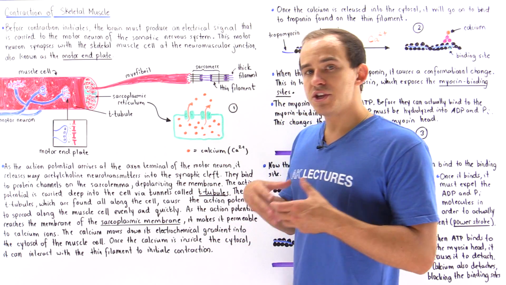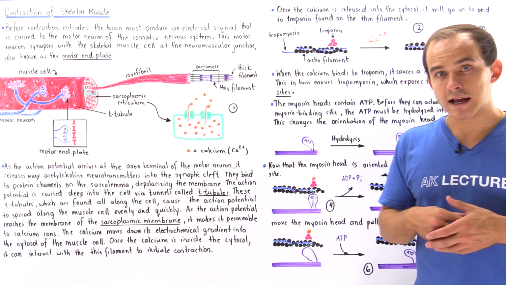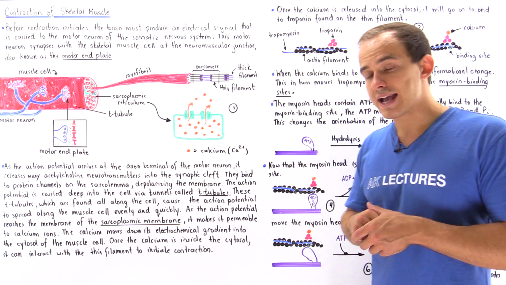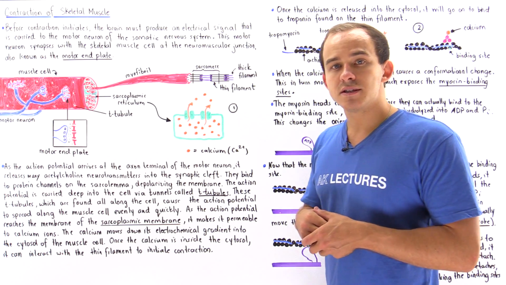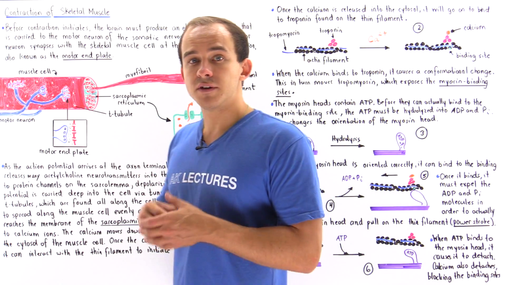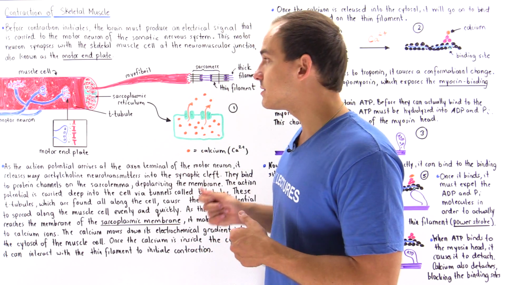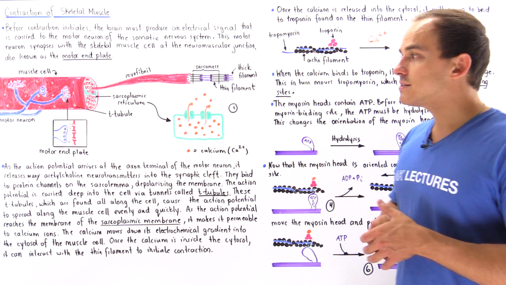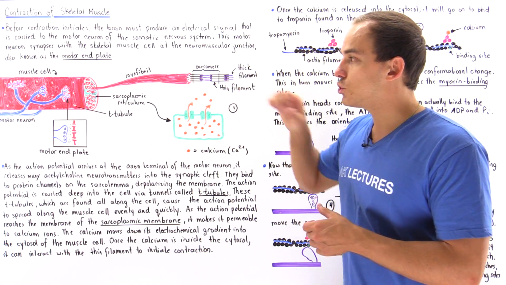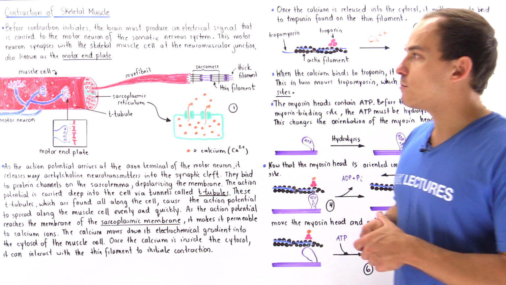These motor neurons pick up the electrical signals produced by our brain and carry them in the form of an action potential down their axon and onto the axon terminal that connects to the cell membrane of our muscle cell.